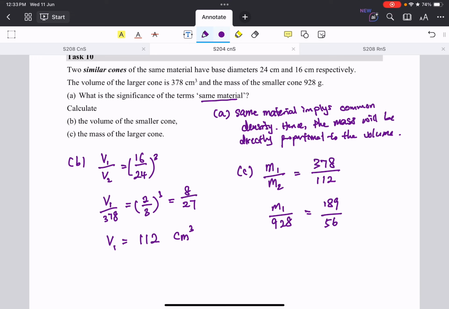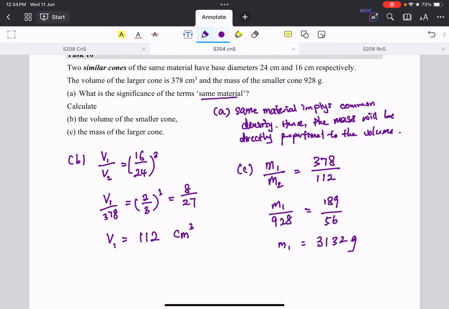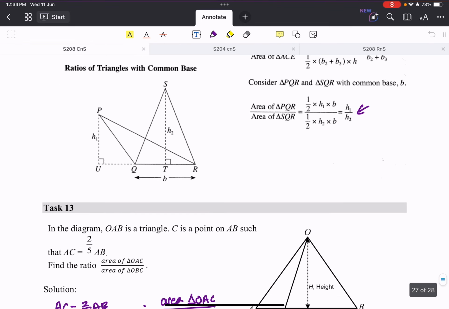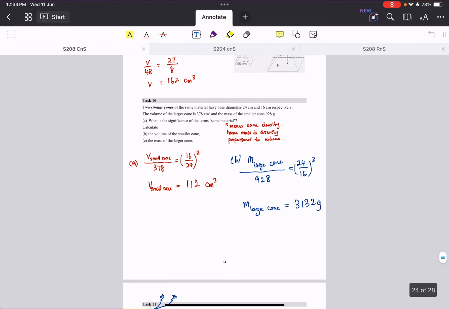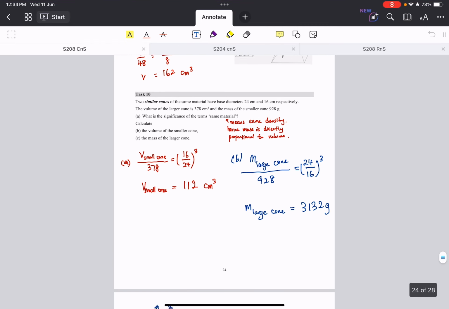So M1 will be equal to 189 divided by 56 times 928, which gives us 3132 grams. That looks good. The question did not insist that we write it in kilograms. If we do, it will be 3.132 kilograms. That'll be fine. Let me check with what I did earlier. Yep, I got that right.